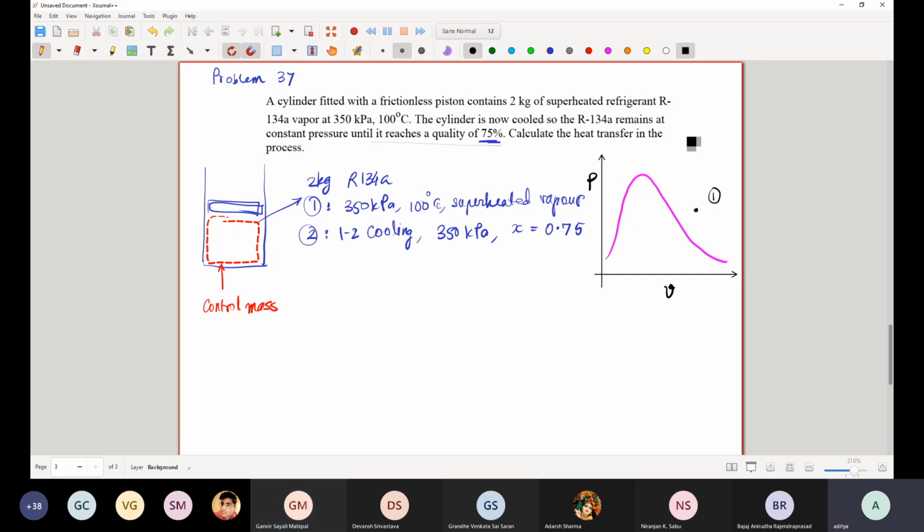So how will I draw the isobar? From that one point, you can draw a horizontal line. Very good. So this is the isobar, you mean? Yes, sir. And state point 2 will be where? It will be inside the dome. Very good.